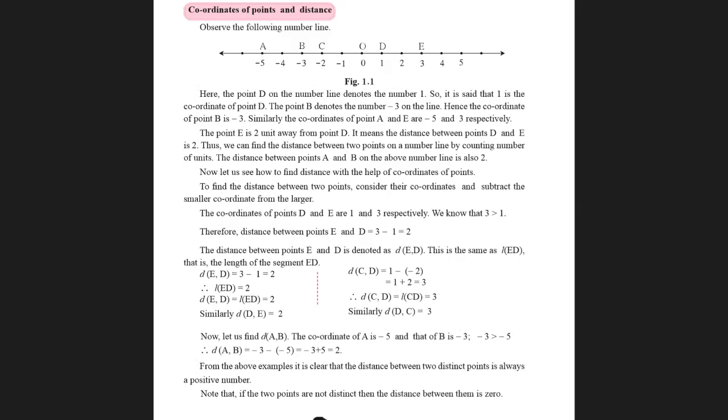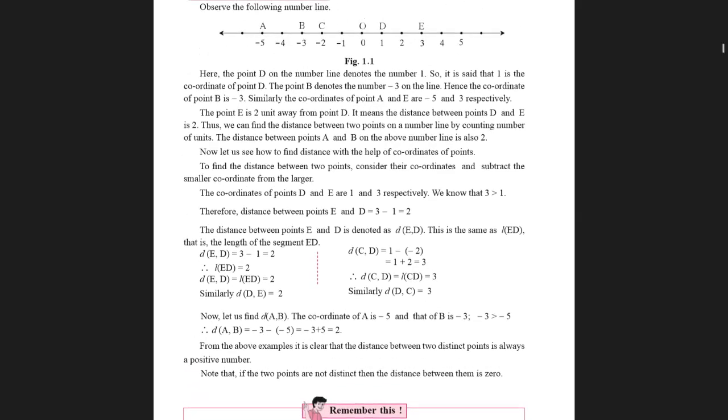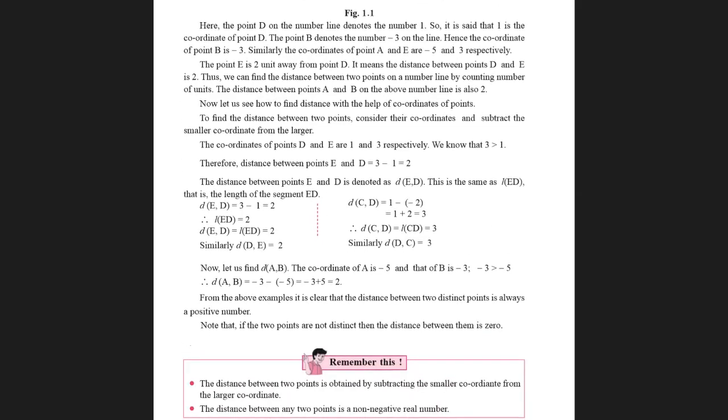Is it -2 or 1? 1 is a bigger number than -2. So the bigger number 1 minus the smaller number -2. So it's 1 minus -2. Now what is 1 minus -2? Minus into minus becomes plus. And 1 plus 2 equal to 3. So the distance between the 2 points CD is equal to 3.